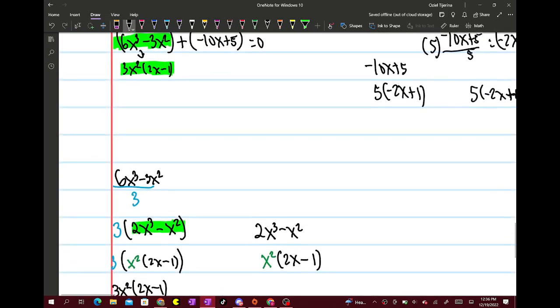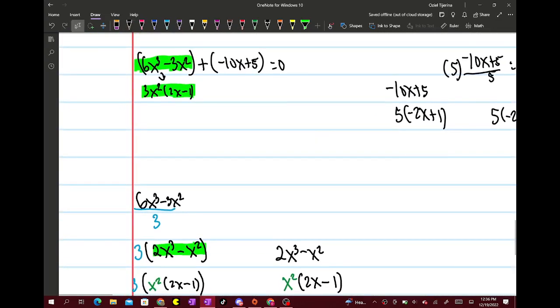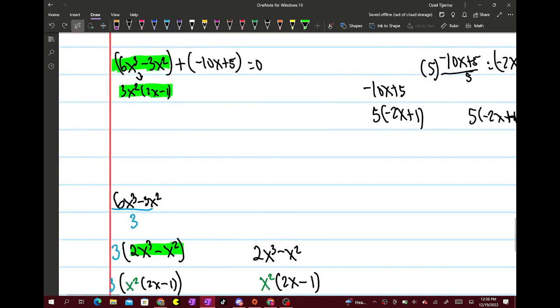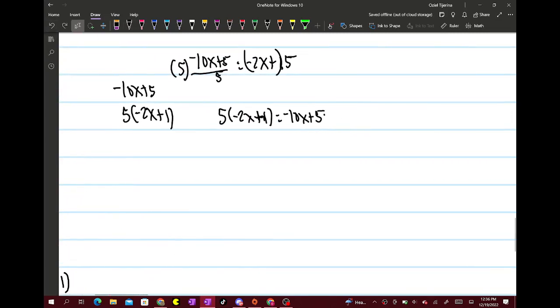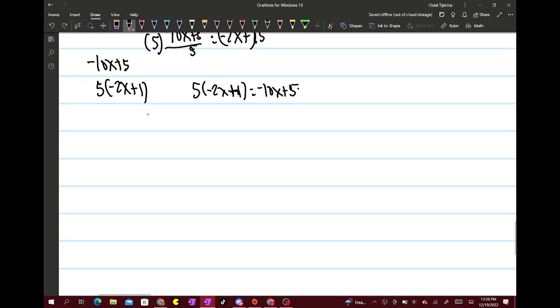Now, here's the thing though. The term that we have over here is 2x minus 1 and not negative 2x plus 1. So since there's a negative here, you can factor out that negative. So 5 times negative 2x plus 1, we know that's negative 10x plus 5, right?